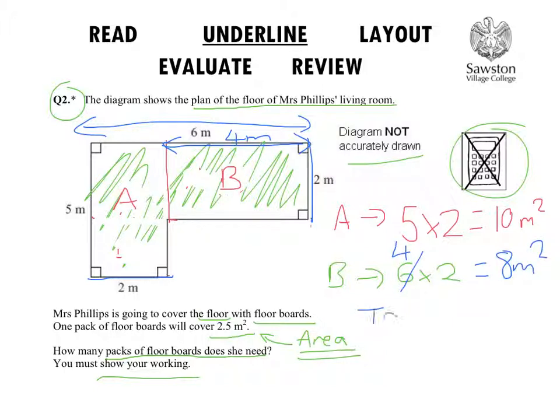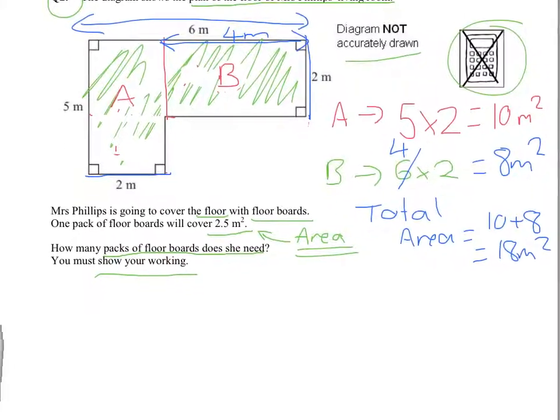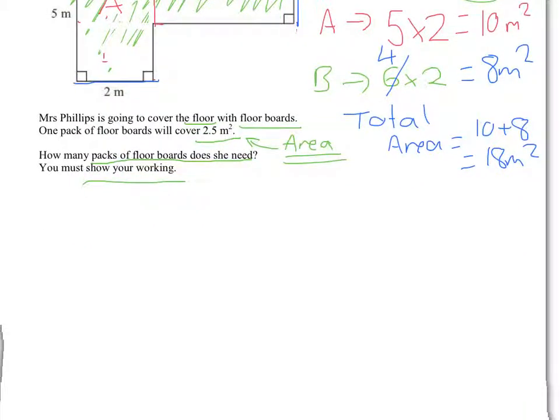So the total area is 10 plus 8, 18 meters squared. You may have got that a different way, which is fine, as long as you've got 18 meters squared. Once I've got that, the key thing is each floorboard pack will cover 2.5 meters squared.